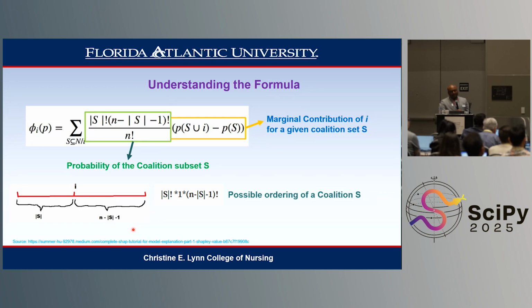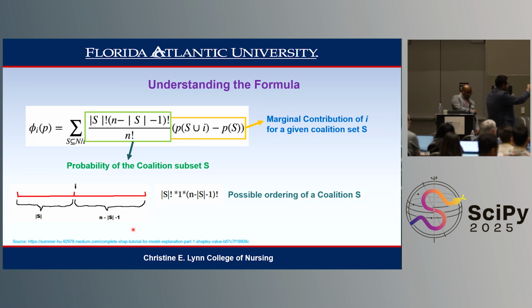Very quick. Yeah, so this is showing you, for each coalition, which is S, if you add the ith feature or the independent variable to that coalition, what is the improvement it's making? So the difference of the two is giving you the boost. And then the whole permutation term is like you can arrange S in S factorial ways.